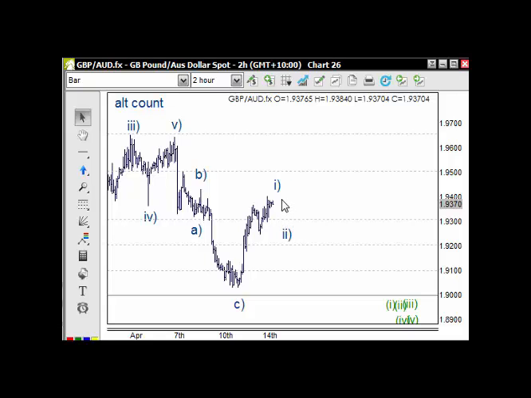So it can fail from a little bit higher here, and then just move down. This is where we've got to: we need to allow the market to work into this space, and then we'll be able to choose which count is correct at that point in time.